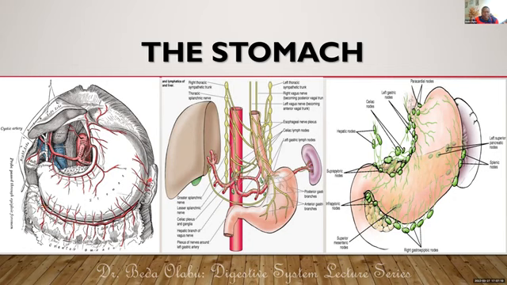Then the artery that supplies the greater curvature from the left side is known as the left gastroepiploic artery. The left gastroepiploic artery is a branch of the splenic artery. Again, splenic artery is a branch of the celiac trunk.